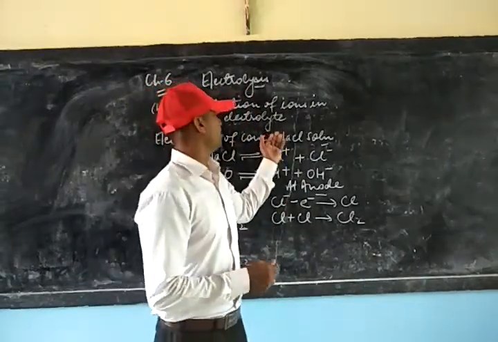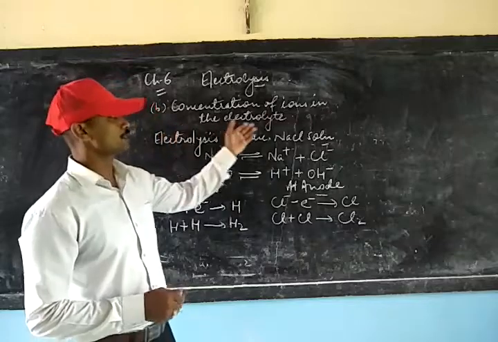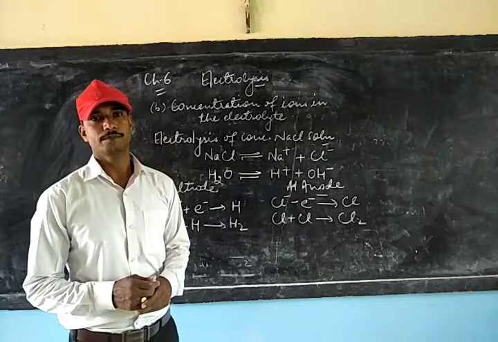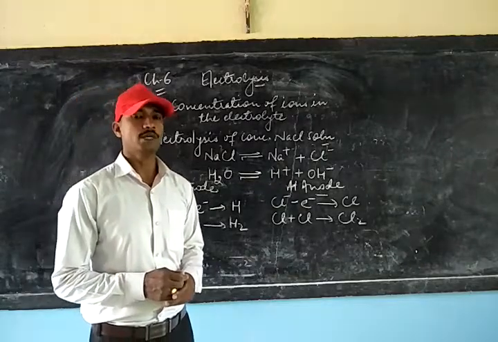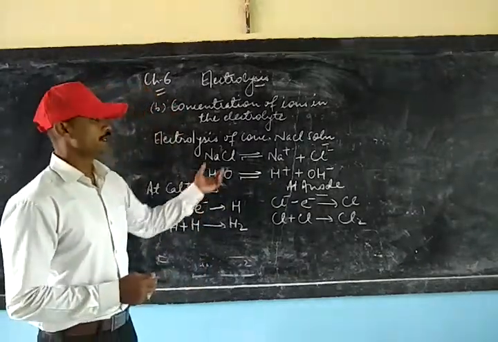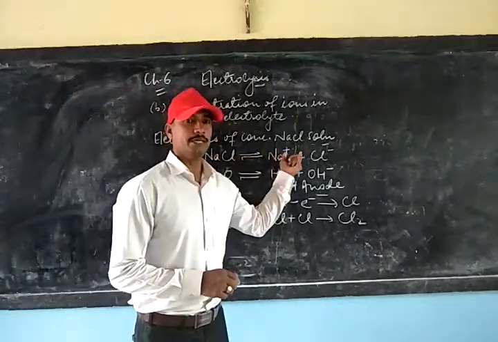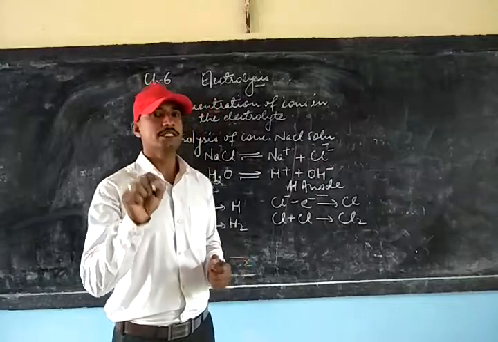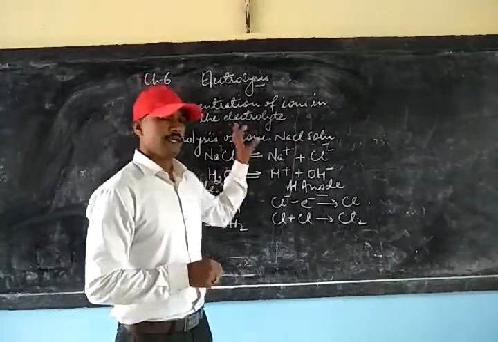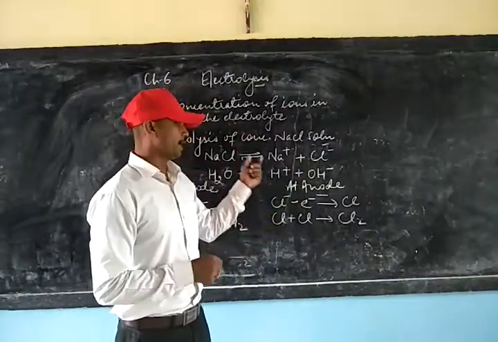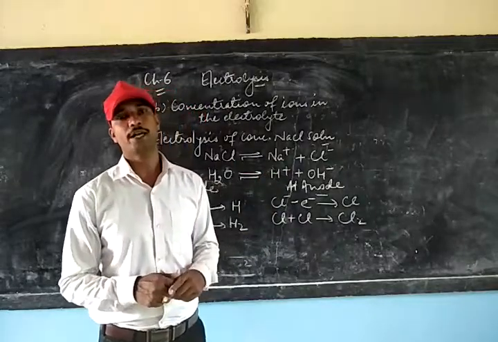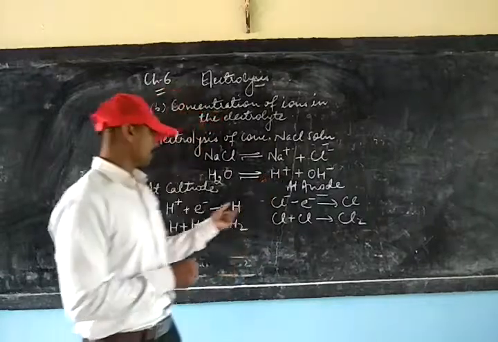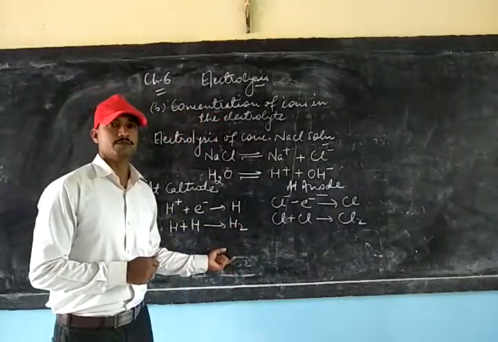This is the example of electrolysis of concentrated sodium chloride solution. Let me remind you once again, here it is sodium ion that is highly concentrated, more than hydrogen ion, but only because sodium is more reactive and hydrogen is more capable of gaining electrons compared to sodium ion, it is hydrogen ion that will be discharged first.